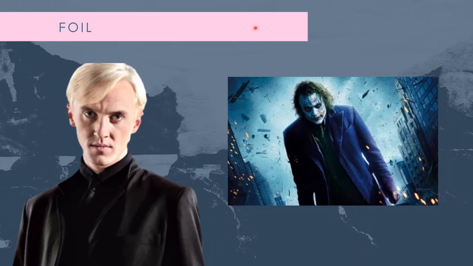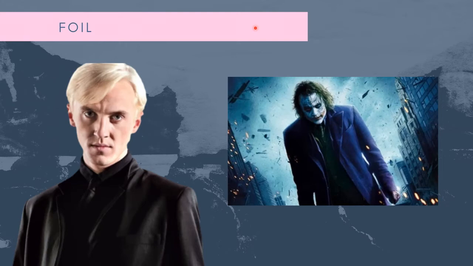It's not all the time that the antagonist is the foil, but sometimes foils can be the best friend of the main character, rendered with opposite characteristics. For example, the main character is shy, very timid, and then her best friend is someone who's outgoing. Now, the best friend is the foil of the main character.